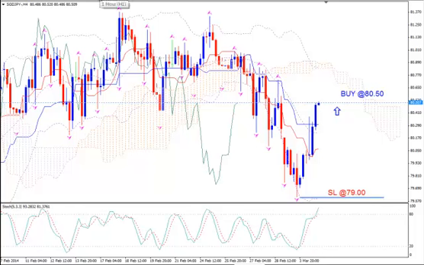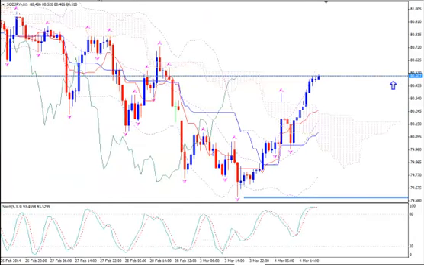Then we go to H1, which is the next smaller time frame, and we expect to see there a strong bullish Kumo breakout validated by Chikou span. And we see the bullish Kumo breakout, and Chikou span needs very little to make a validation because it has to be not only above past price action but also above the Kumo.